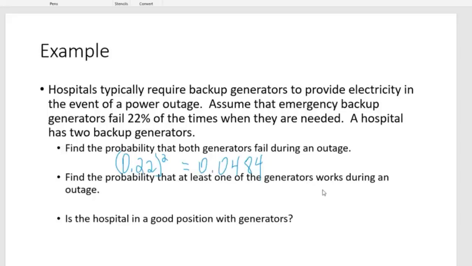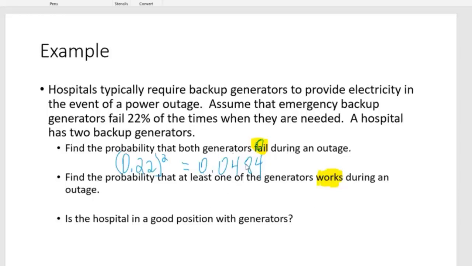Find the probability that at least one of them works. Okay, here's another thing to just notice. This question was about fail, and this question is about works. So we're doing kind of the opposite, right? If you think about it like that, the probability at least one of the generators works is exactly the complement to both of them failing.